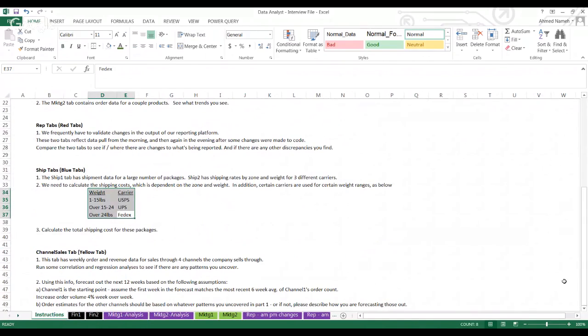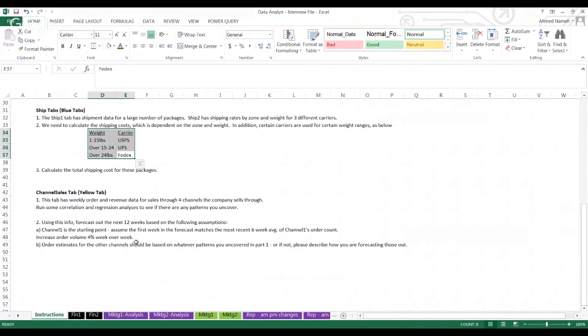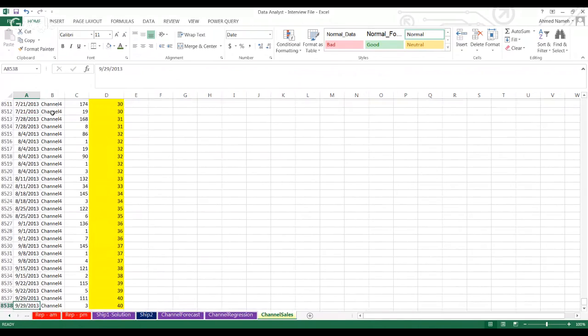Moving on now to the final exercise, the channel sales tab. So these are the yellow tabs. The channel sales tab includes channel sales order amounts by week, essentially.